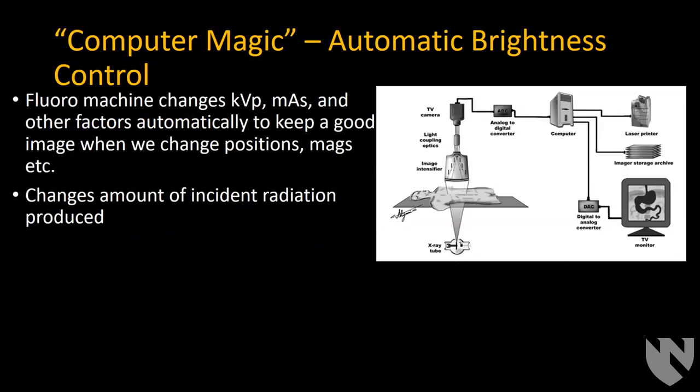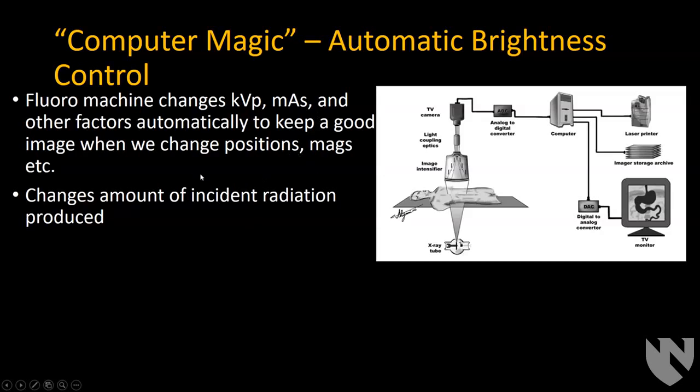Other things that the machine will do, one of the types of computer magic that fluoro systems have is automatic brightness control. So a fluoro machine will change its kVp or mAs to keep what it thinks is a good image and to keep the overall brightness correct.